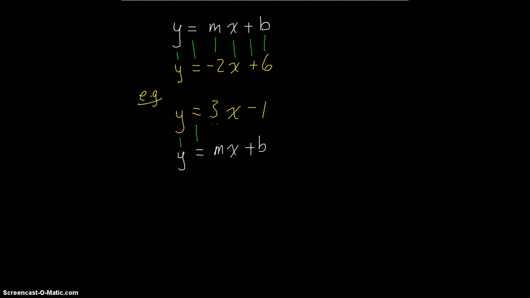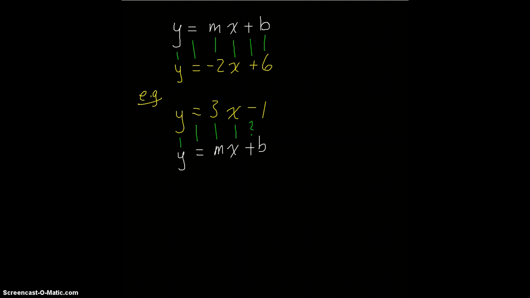The slope is going to be, that's right, 3. Not 3x, just 3. M is corresponding to this 3. X lines up with x. Right? So m is our slope and it equals 3. Ooh, there's a little bit of a problem here. I don't have a plus sign.